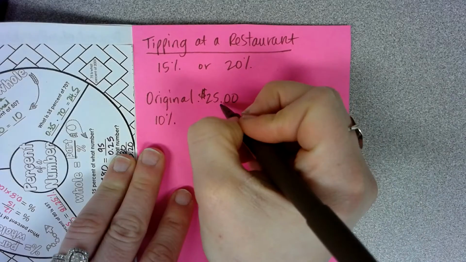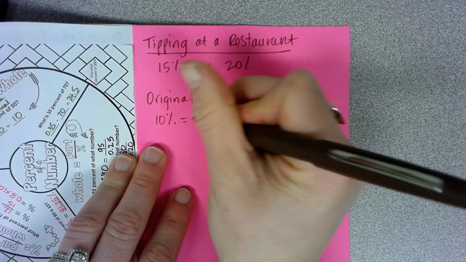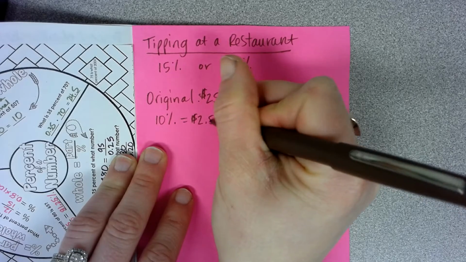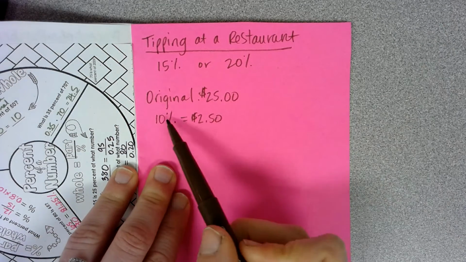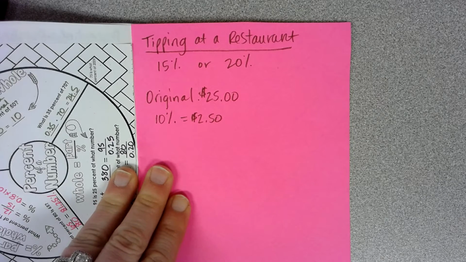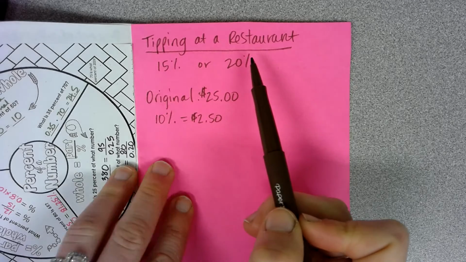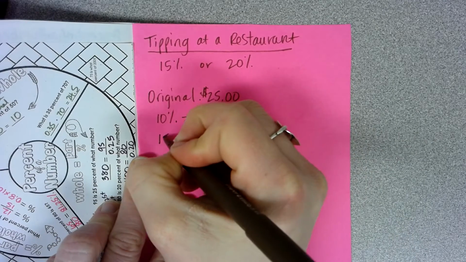Okay, when I move my decimal point one to the left, I end up getting $2.50. So 10% of $25 is $2.50. Now, depending on if I want to tip 15% or 20%, I'm going to show you 15% now.